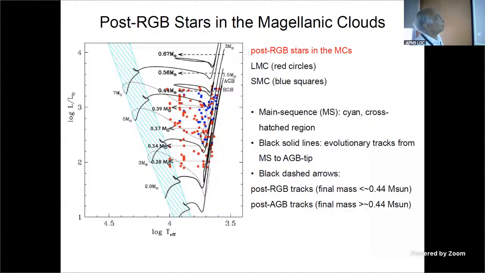That means they must have evolved off the RGB along these multiple different tracks, for different final central stellar masses. For the post-RGB tracks, the final mass is less than about 0.4 solar masses. The post-AGB tracks, of course, are more luminous, with a final mass greater than 0.44 solar masses.